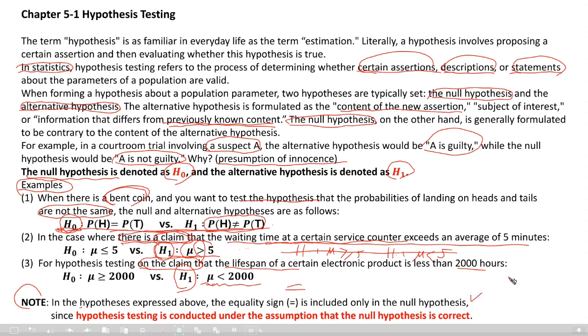It is important, since hypothesis testing is conducted under the assumption that the null hypothesis is correct. We accept that the null hypothesis is correct, then we start to test the hypothesis. That's why the equality sign is in H0.